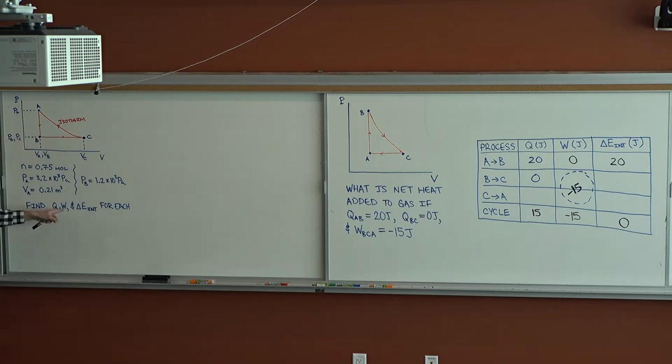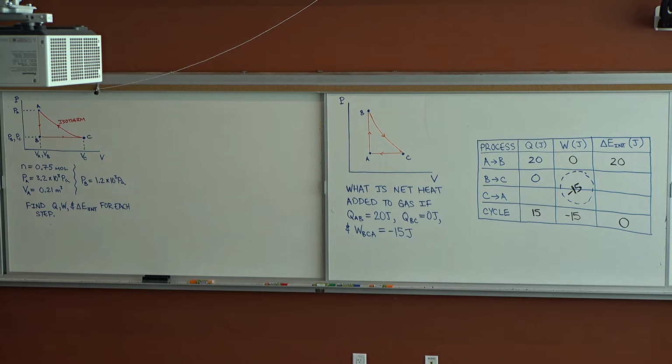Ideally here we're going to find Q, W, and delta E internal for each step. So the other thing after we find, let's see, we have PA, VA, after we find, say, TA, we can also find VB and TB and PC, VC, and TC if we want it. So, is that kind of all right? That's kind of an outline of what we're going to try.